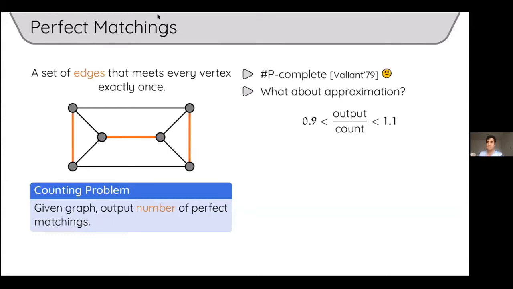In the counting and sampling literature, there is a very well-defined notion of what approximation means, and that's the notion of FPRAS. The goal here is to output a number that is within some relative error of the count, and that relative error can also be controlled by the algorithm.